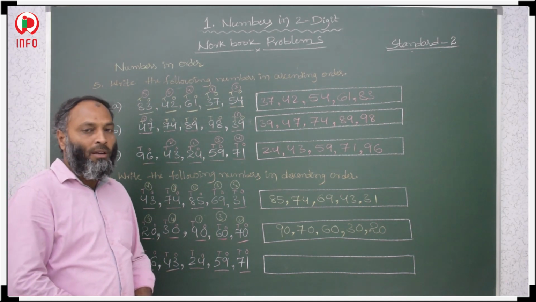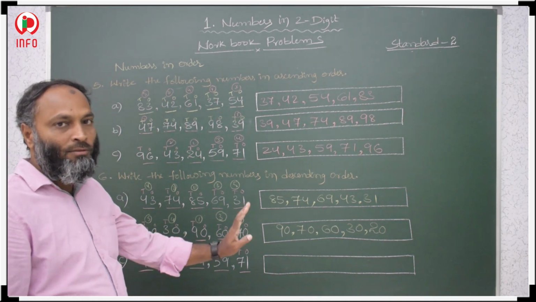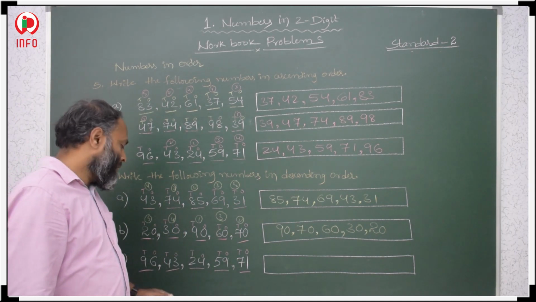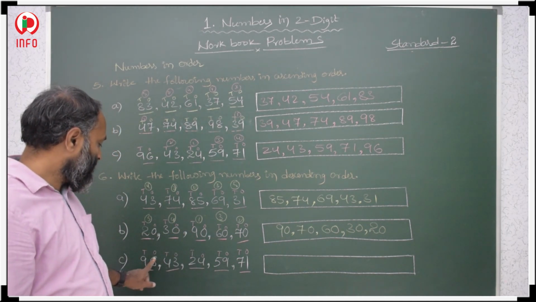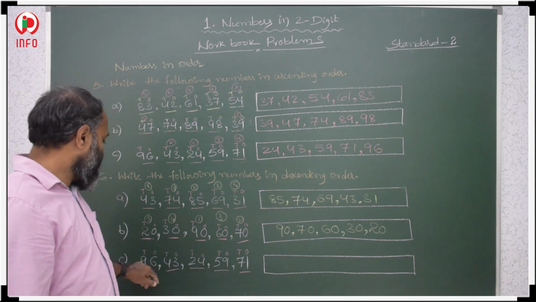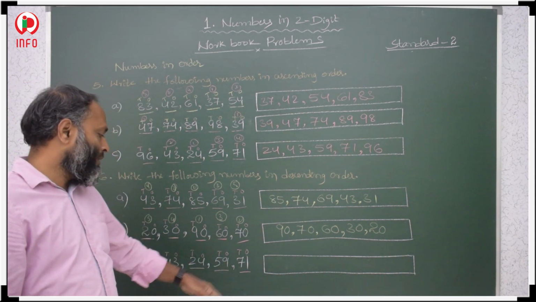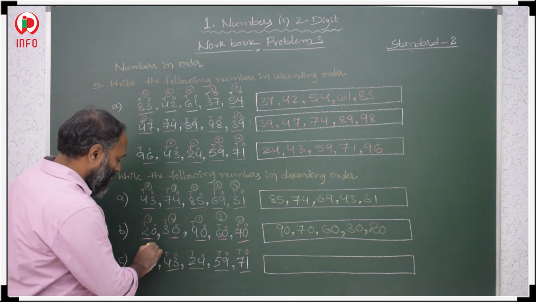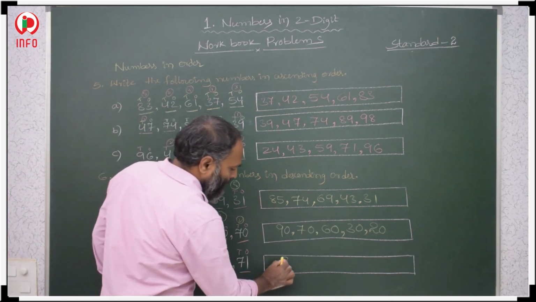We compare from tens place to ones place. First tens place: 9, 4, 2, 5, 7. 9 is bigger, this we have to take first.